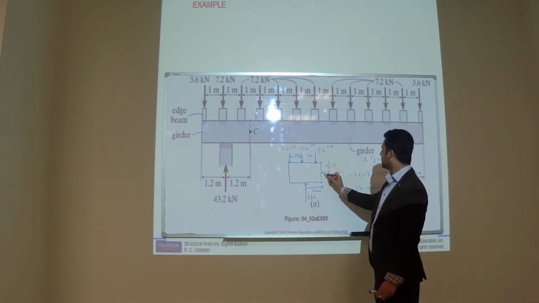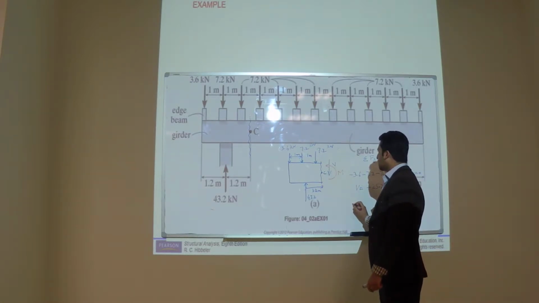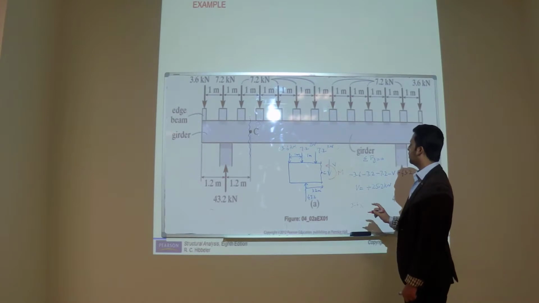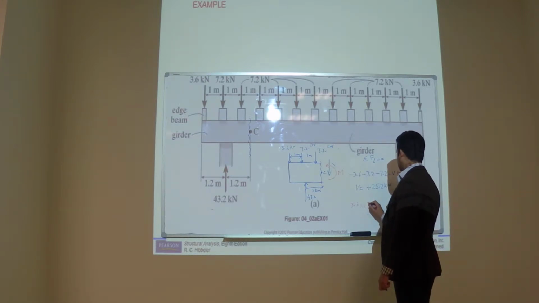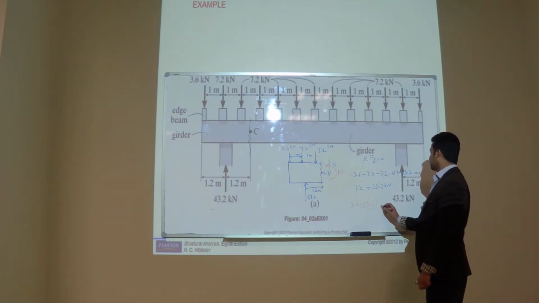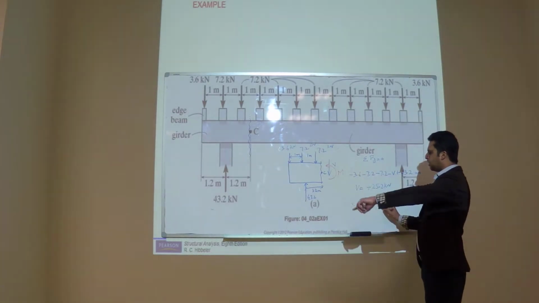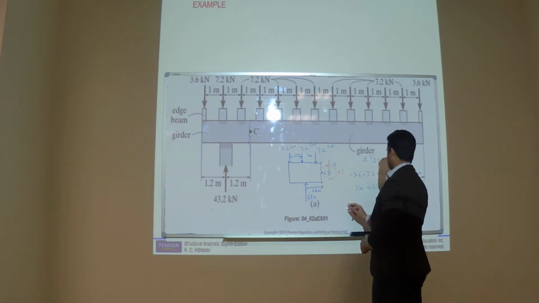So take moment at this point C. 7.2 into 1. 3.6 and 2.4 into 2.4. 7.2. Is it clockwise or counterclockwise at this point? Counterclockwise. Positive.